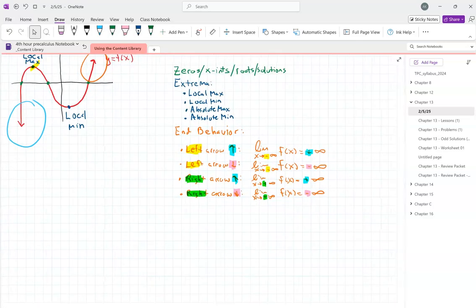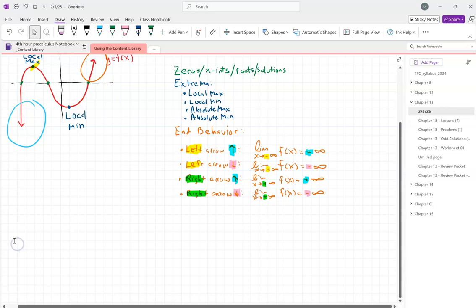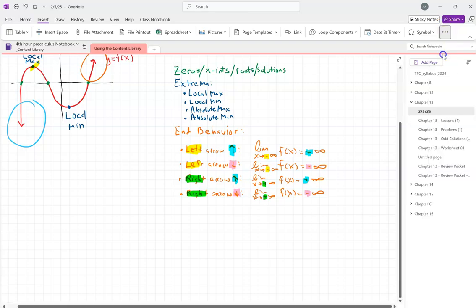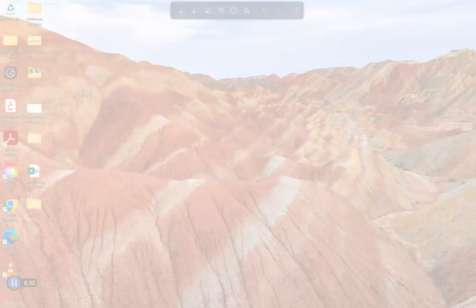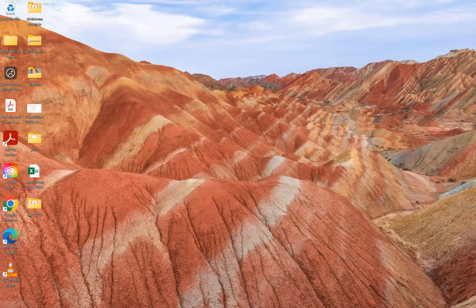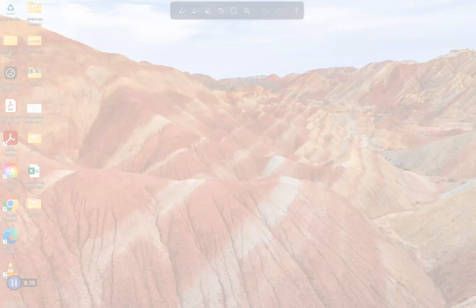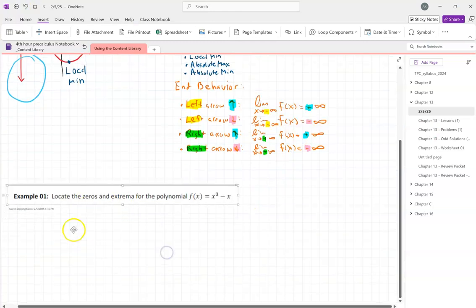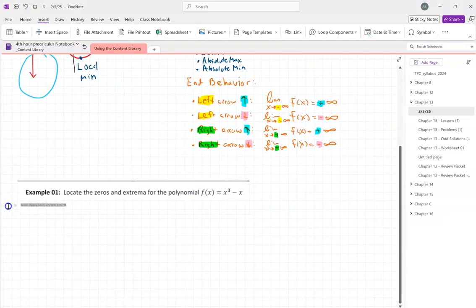So when it comes to finding these locations for a function, we most likely aren't going to do that by hand, specifically the extrema. In fact, right now, algebraically, we don't have a good way to do that by hand.